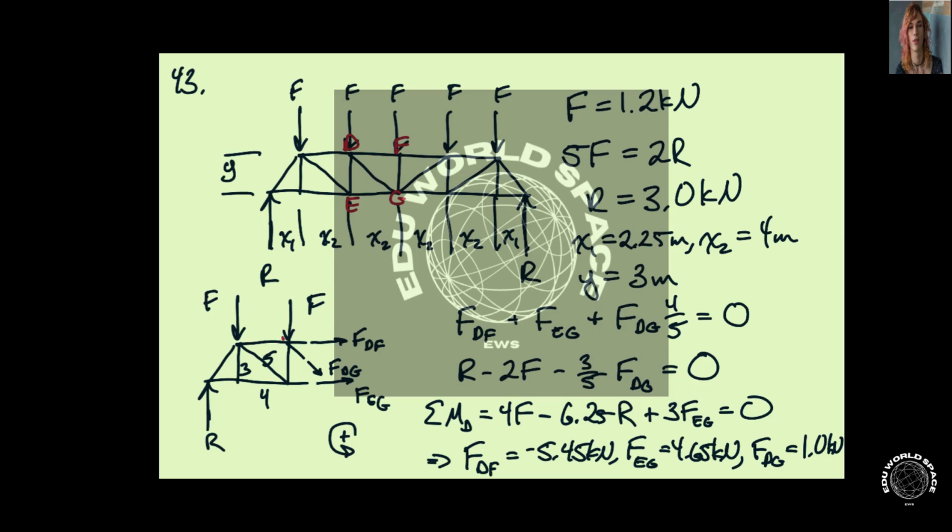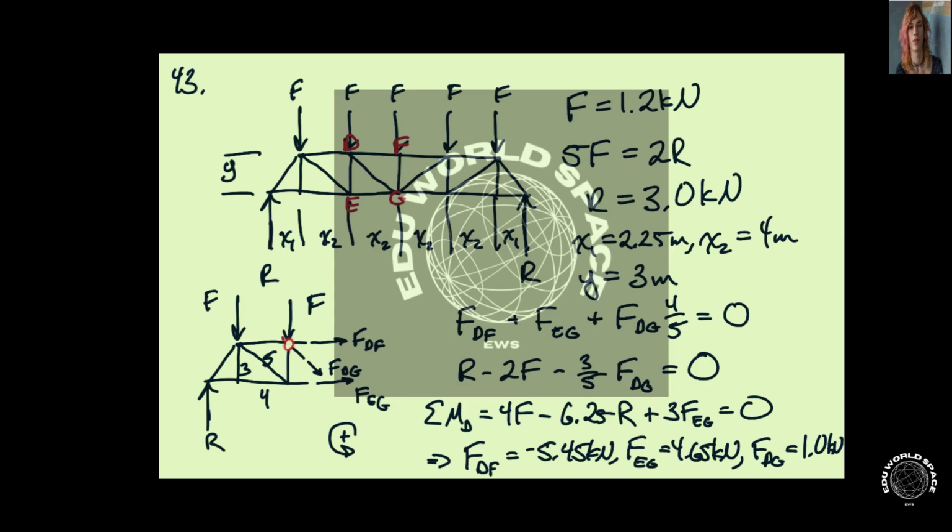And in the Y direction we have R, and then minus 2F, and then minus the Y component of FDG, which is 3/5 FDG.